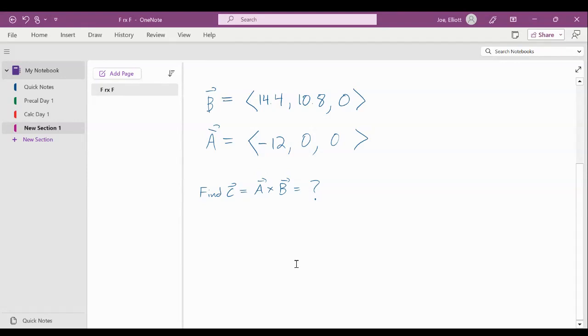Should I go ahead and do it? All right. Well, let's go over here. We have C equals, this is our determinant setup. We're going to cross out rows and columns as needed. 12, 0, 0, 14.4, 10.8.